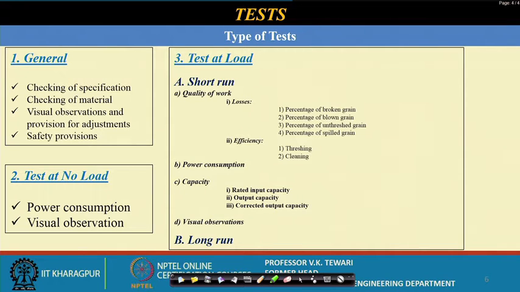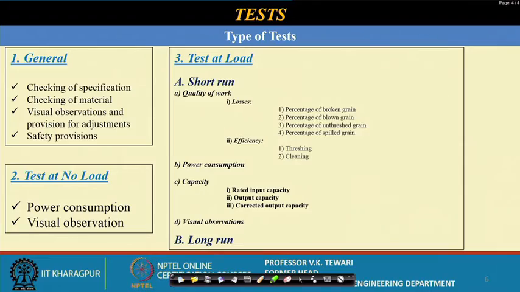Then test at load. When you want to give a load, what sort of test should you give? Now, if you recall, we had discussed testing of other equipment as well. There also we talked of short run test and long run test, because a short run test gives you some idea, but that cannot become a reporting matter.